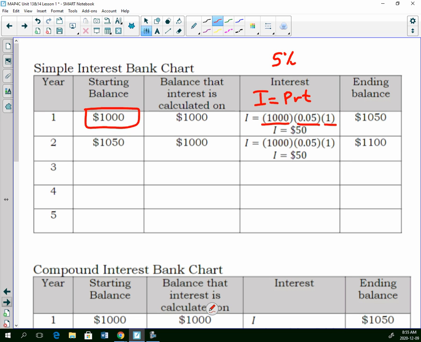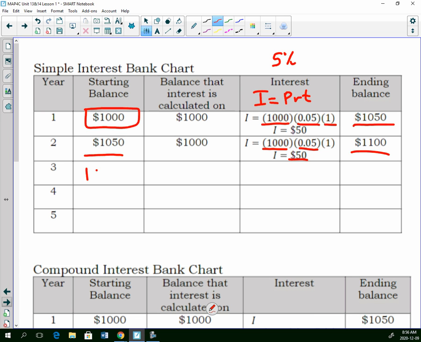So 1,000 times 0.05 times 1 is $50. Now you have $1,050. The next year you're still earning $50, because it's still based on the original amount, not on this amount. Every year, you're getting $50.